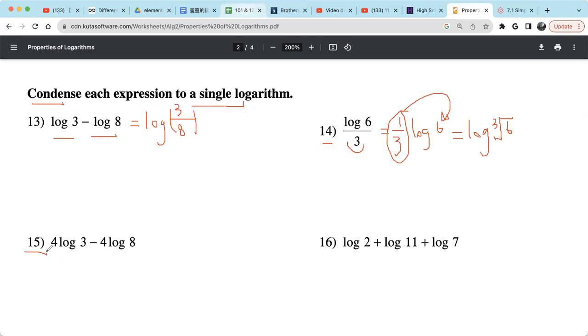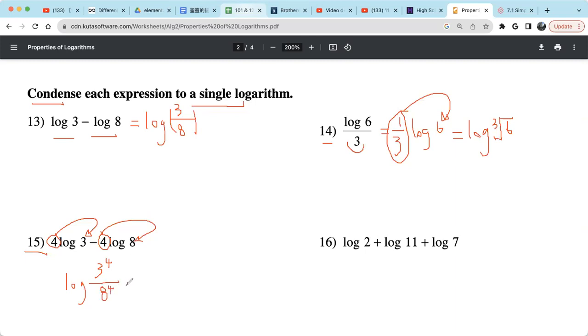Let's see 15. We see 4 before log, so that's the exponent of 3. We see 4 again in front, so that's the exponent of 8. Subtraction indicates division in one log. So we write as log, numerator 3 raised to 4, denominator 8 raised to 4.